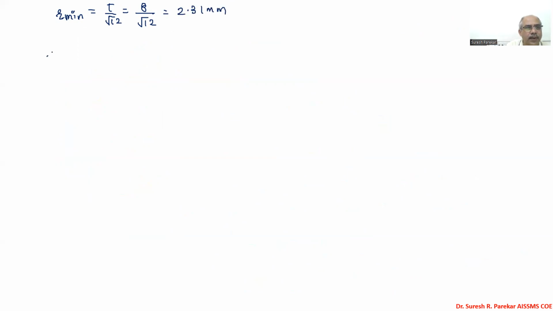Then find value of lambda, which is equal to L upon r minimum. Now you have a clause in IS, and that clause will say the effective length in case of double lacing is 0.7 L, clause number 7.6.6.3, where L is the distance between intersections, 424.26.